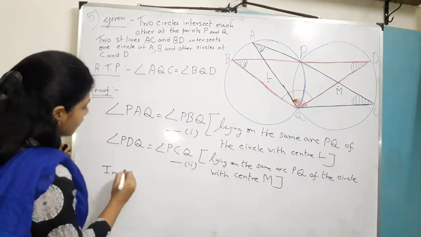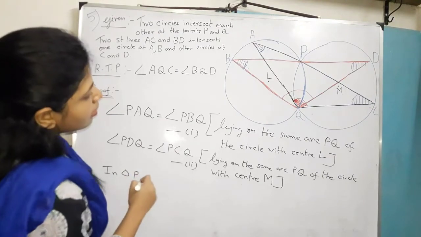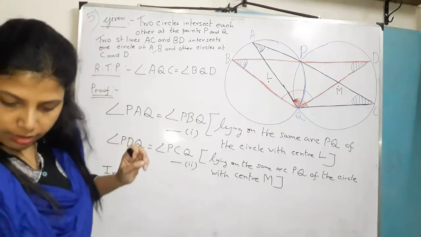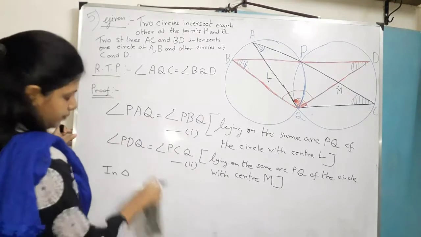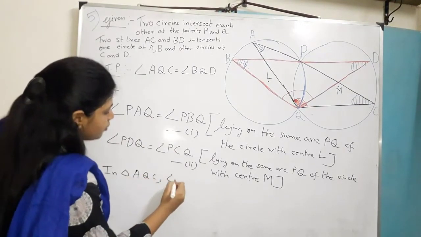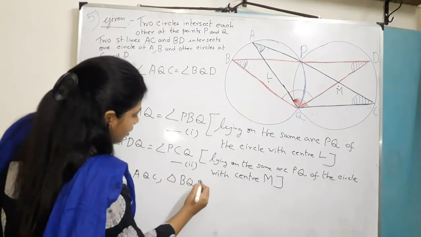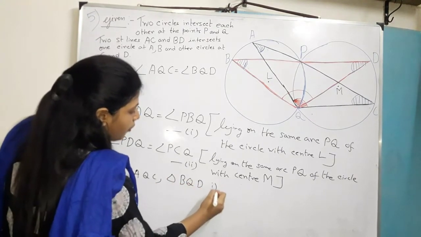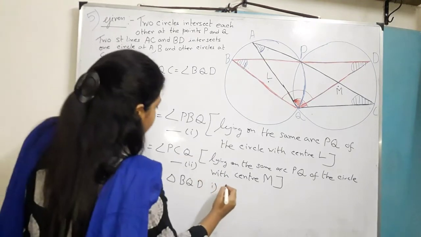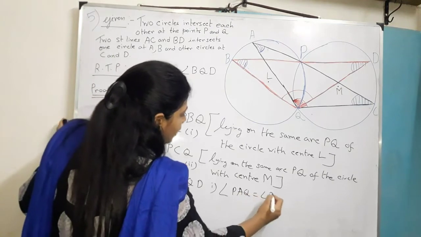In triangle AQC and triangle BQD, number 1, we can say that angle PAQ equals angle PBQ.